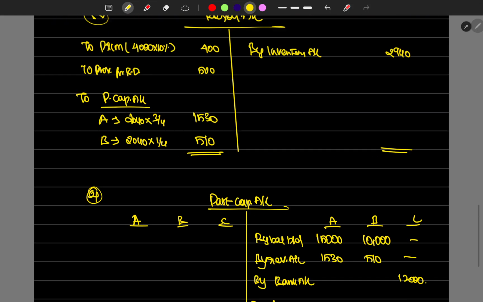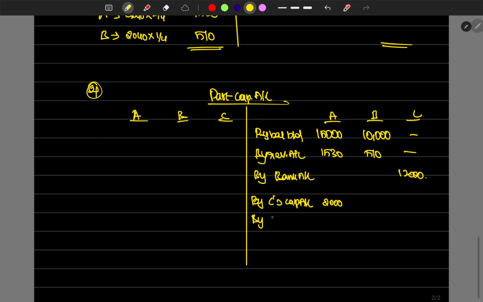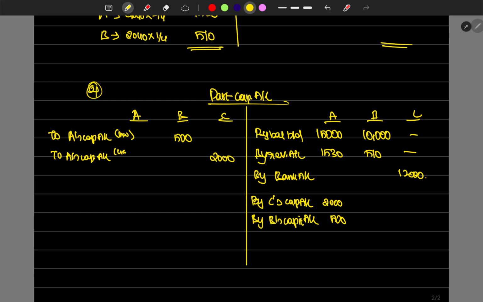By B's capital, which is 500, by C's capital, 2,000, to A's capital, 2,500. So these are all goodwill entries.